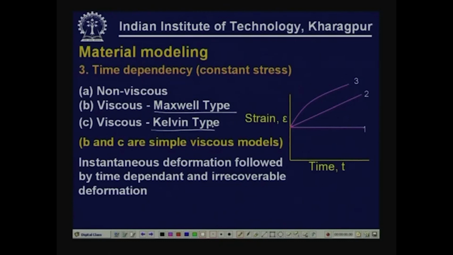B and C, the second and third models, are simple viscous models. There can be more complex models to properly model the complete viscous behavior of different types of materials. Normally, the instantaneous deformation is followed by time dependent and usually irrecoverable deformation.